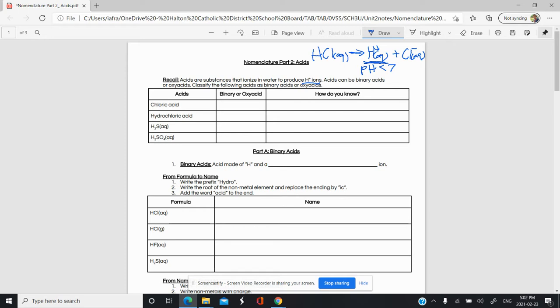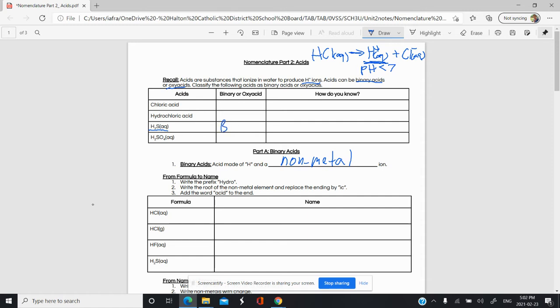Now, acids can be of two types. They can be binary acids and they can be oxyacids. So if you're dealing with binary acids, you have an acid that's made up of an H and a non-metal ion. So for example, if we look over here, we have H2S(aq).